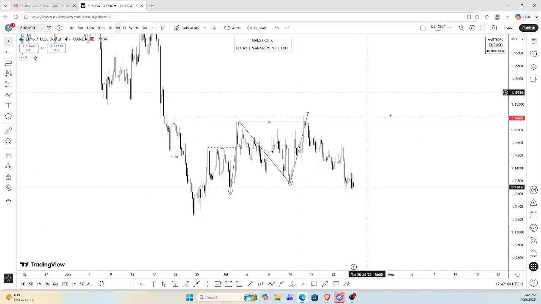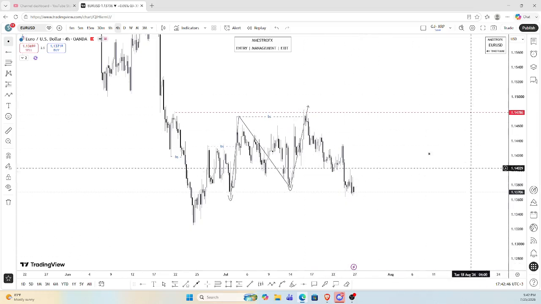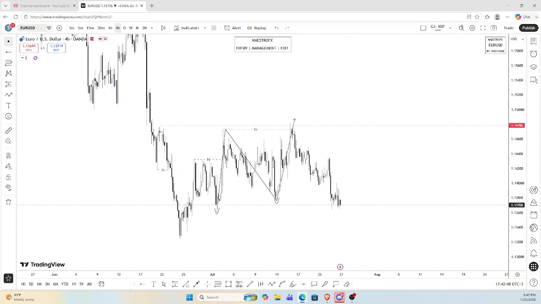Because when we have a shift of structure on the lower time frame to fulfill that correction of the higher time frame, we don't anticipate price to do such things, especially price breaking structures to the upside and downside and taking very significant liquidity blocks.